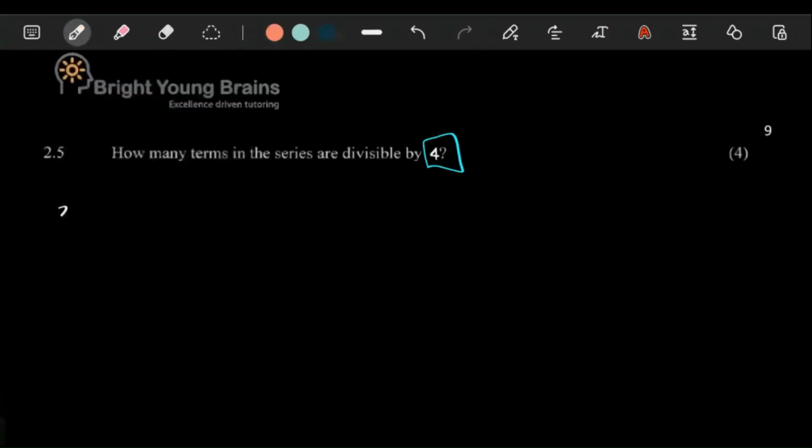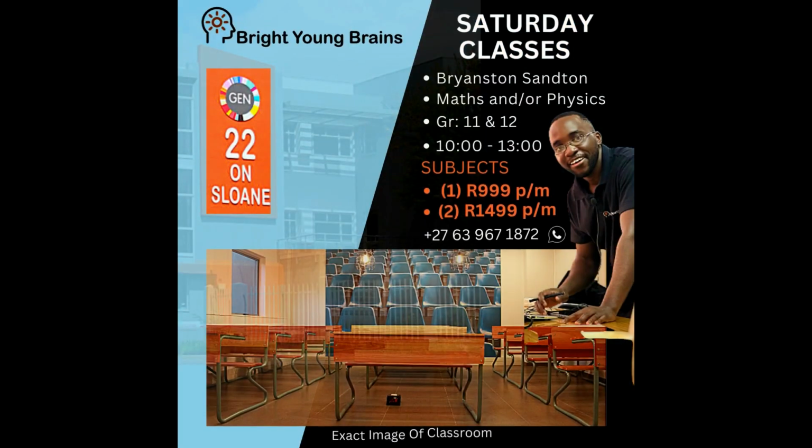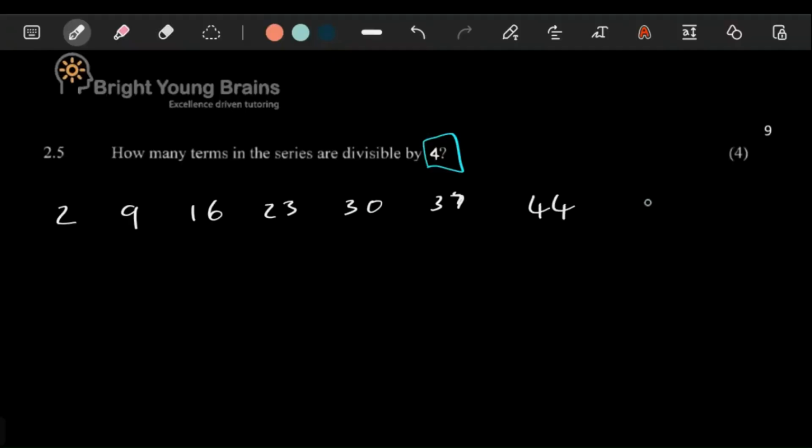It starts with 2, then 9, 16, 23, 30, because remember it's just adding 7 all the time. 37, plus 7 is 44, plus 7 is 51, plus 7 is 58, and let's squeeze in one more: 65.